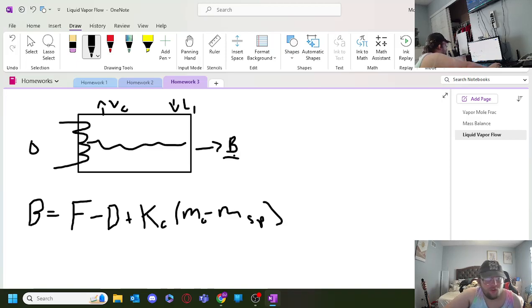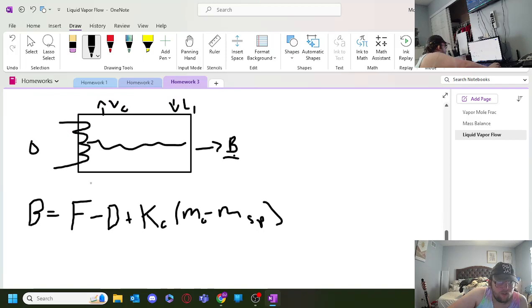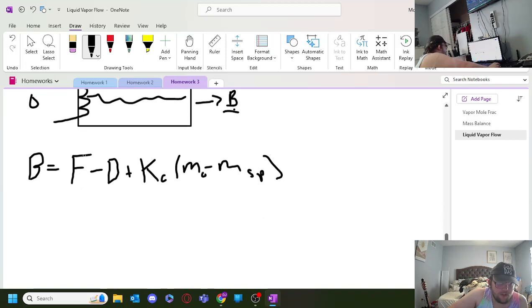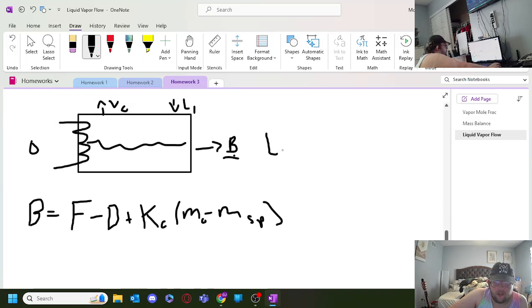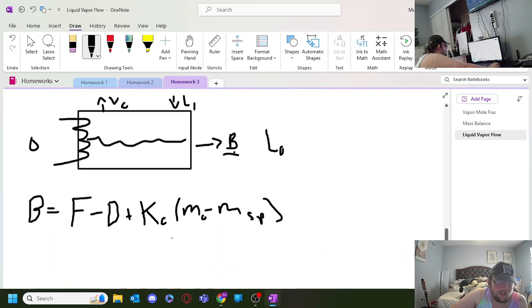So for example, if we start this tower with say 0.6 moles in here in our reboiler, but we want it at 0.5, it's going to read this as, hey, we are over it, so we need to let more out in the bottoms. So that gives us our bottom flow rate, which in our code we're just going to call L0, because that's a liquid leaving stage 0.